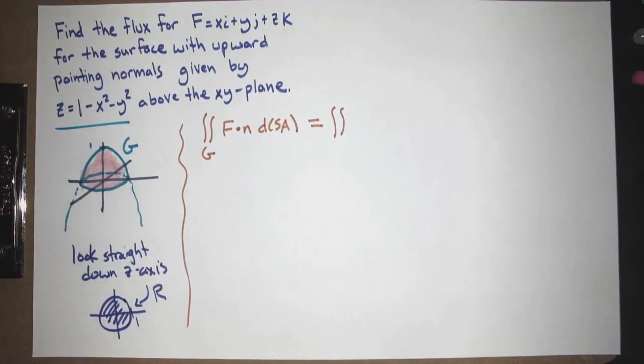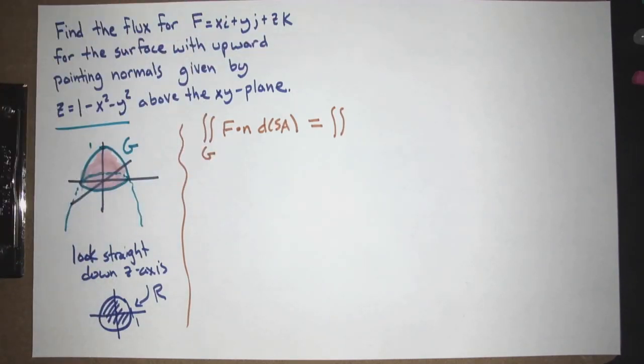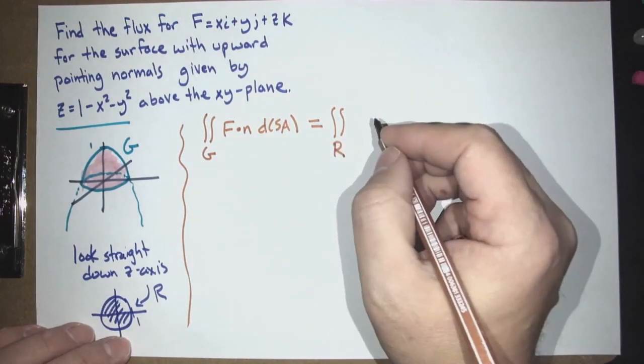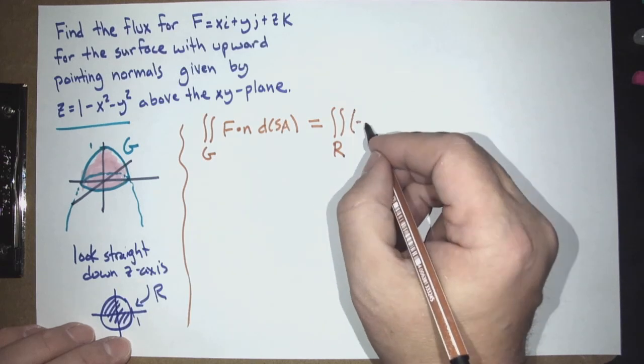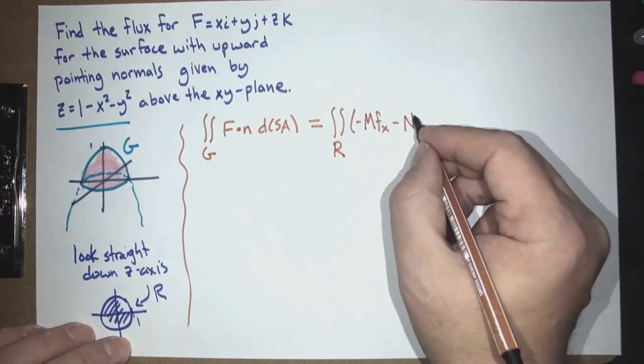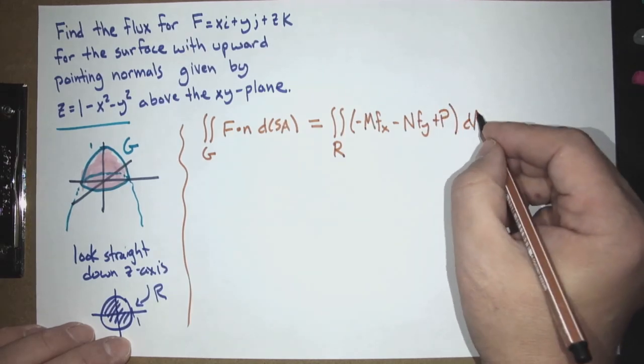So we're going to put it all in terms of x, y. So even though this has x, y, and z involved, we're going to get it down to just x, y. So we're going to have our integral over our region of, and let's just start with the generic formula, minus M f_x minus N f_y plus P dA.